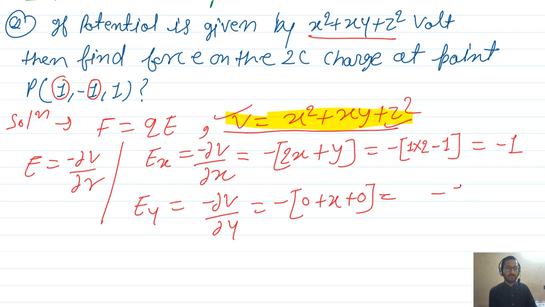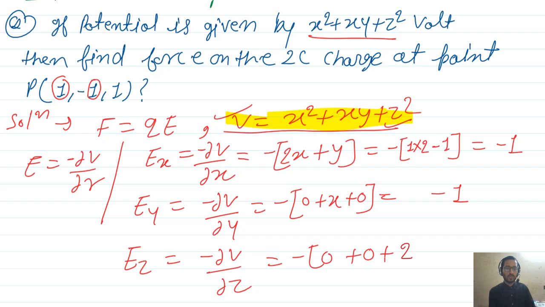So the value will be -1. Similarly for Ez, negative del V by del z, first term 0 and second also 0, and then we find 2z. Putting z as 1 we find -2.